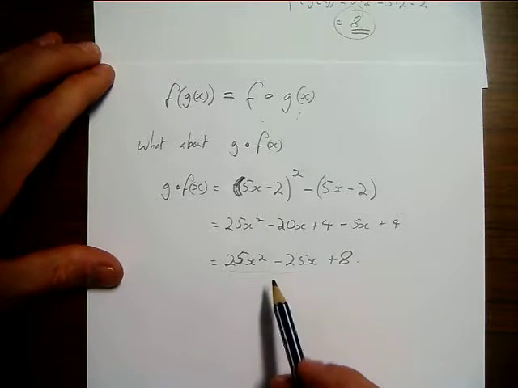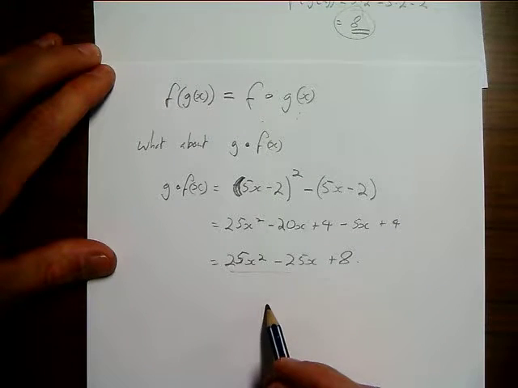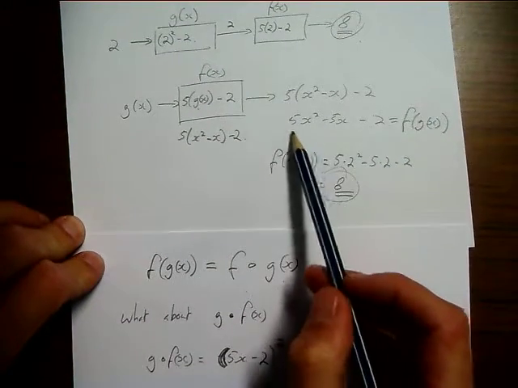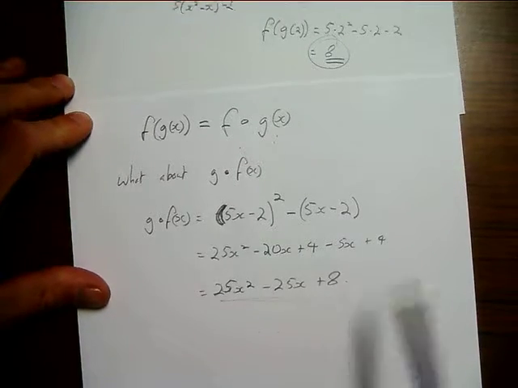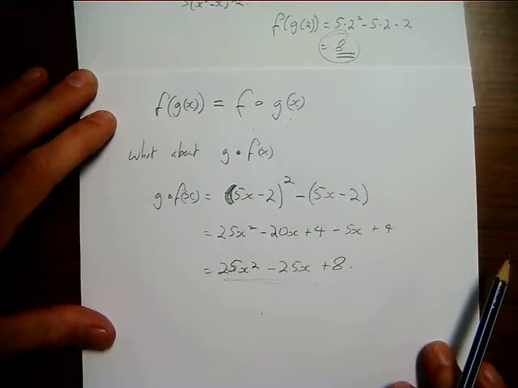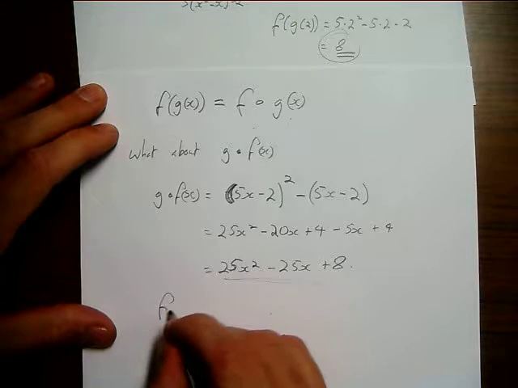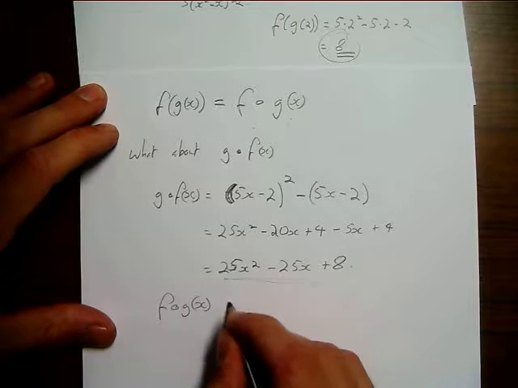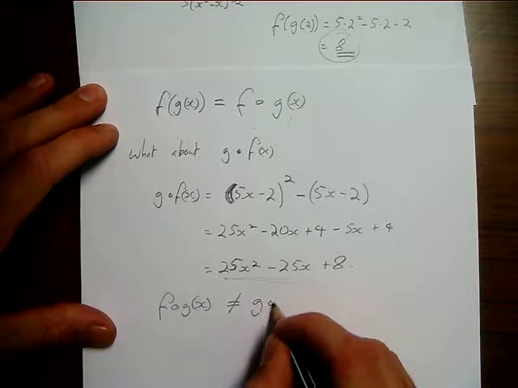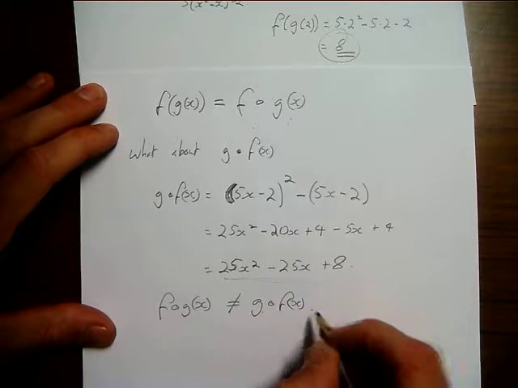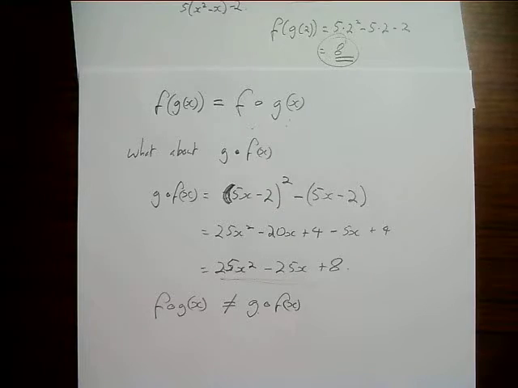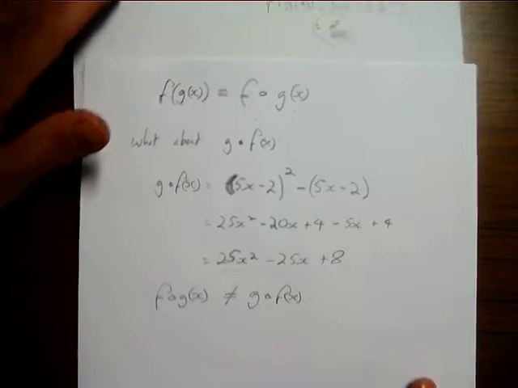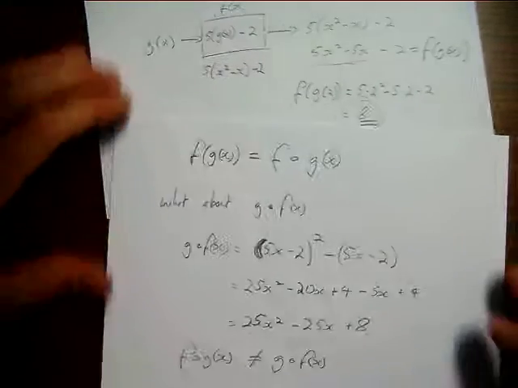Is that the same as fog x? Fog x was that. That's fog x, that's gof x. They're slightly different. So fog x does not equal gof x. If you do it one way, you can't just do it the other way. Okay, so let's stop it there and we'll do some practice.